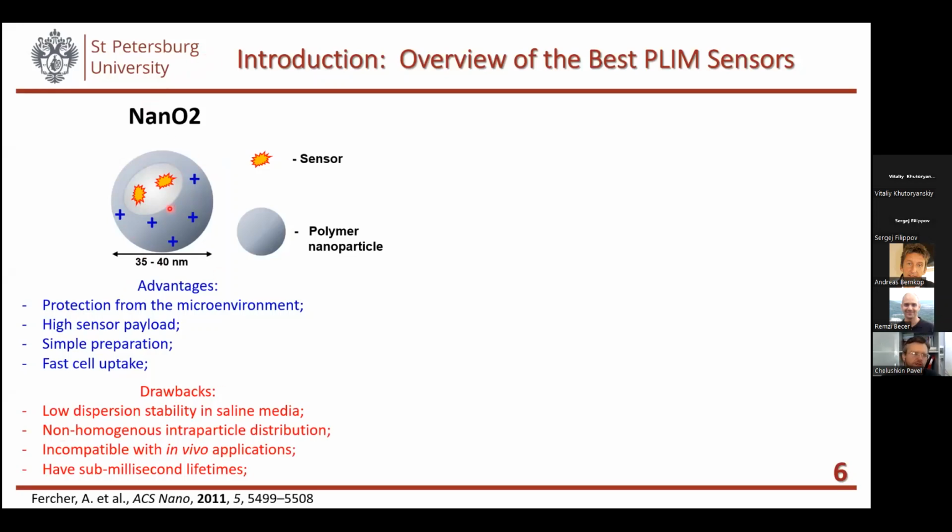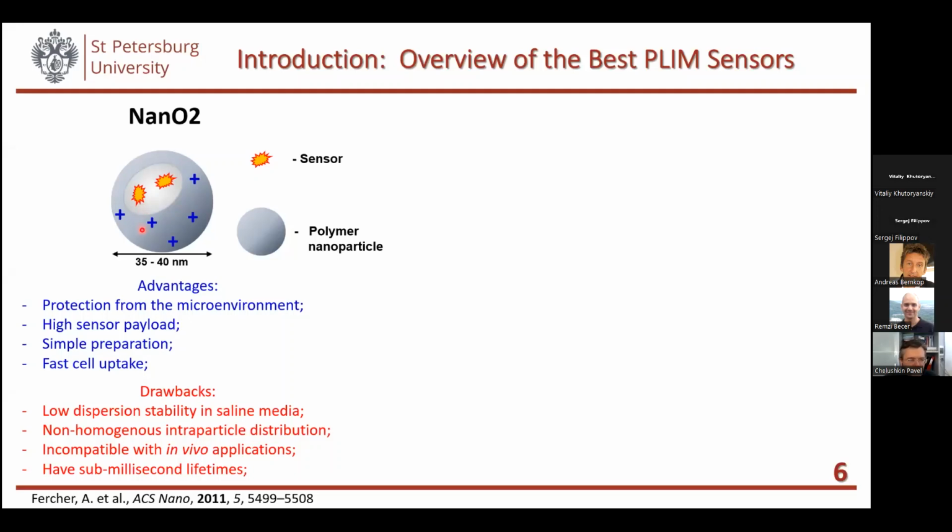Unfortunately, these nanoparticles are large enough to show non-homogeneous intraparticle distribution of sensors, and as a result, we don't have linear Stern-Volmer plots here. And also, they are not very dispersion stable in aqueous media, especially in the presence of salt, due to electrostatic quenching, and they precipitate.